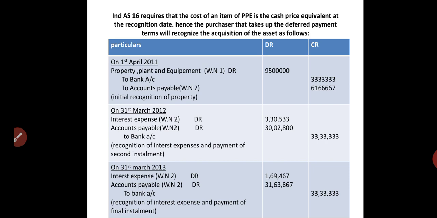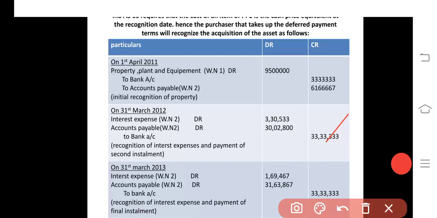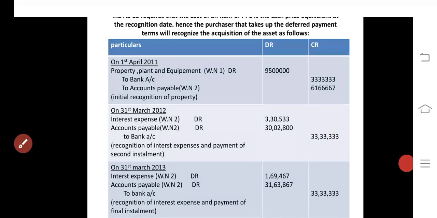So for interest 3,30,533, accounts payable after the deduction of interest is 30,02,800. So the actual installment amount 33,33,333, being recognition of interest expense and payment of second installment.